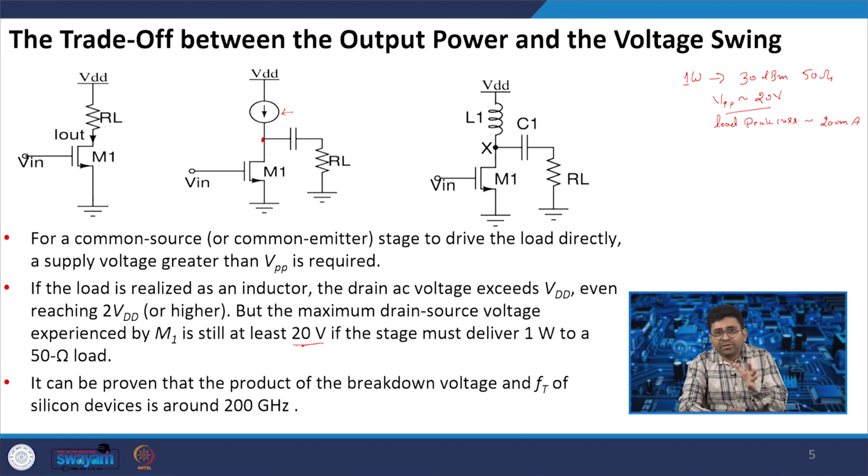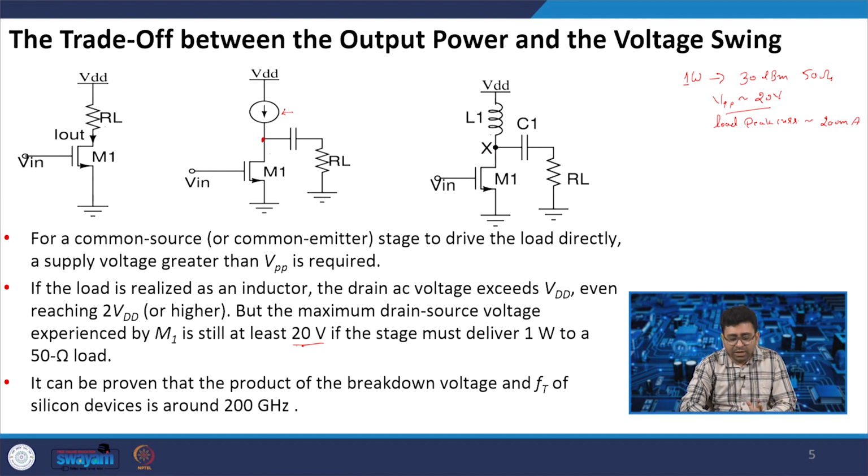So there is a trade-off, because in the MOSFET we have a limited voltage swing due to the limitation in VDD, and you want to deliver high output power.